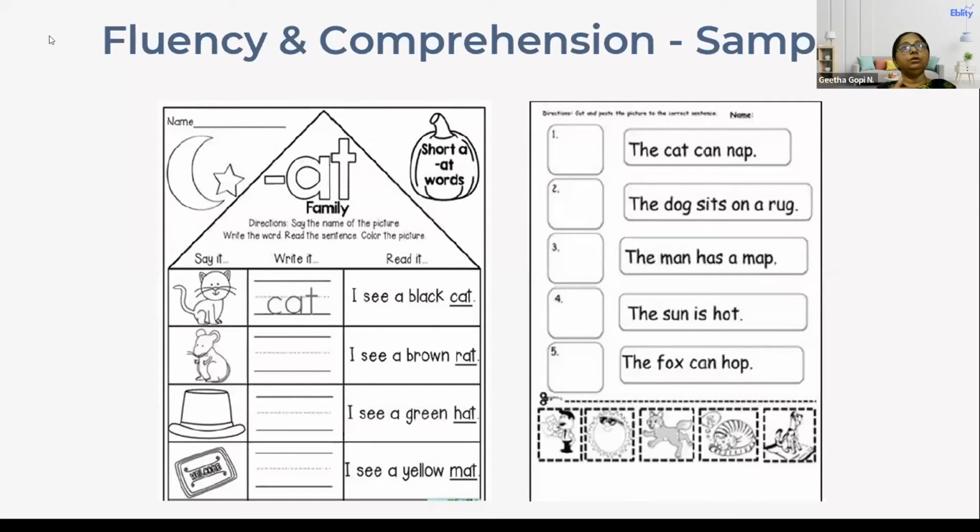Getting children to draw relating to the sentences, after reading the sentences, also triggers a good thinking process and visualization, forming visual images and imagination in children. Cutting and pasting activities become hands-on and tactile. Getting them to draw also keeps them more engaged, and it helps them to learn how to draw and illustrate.